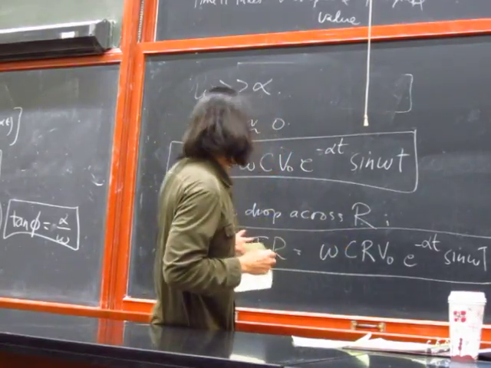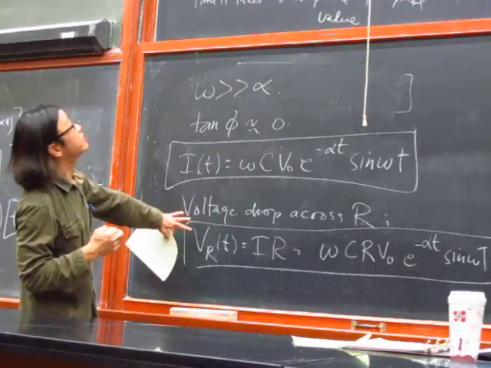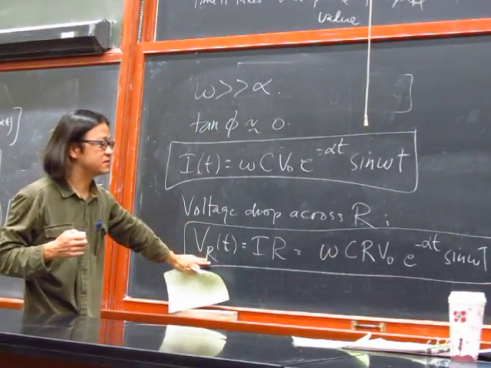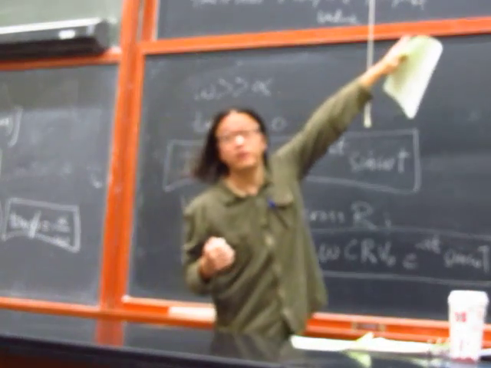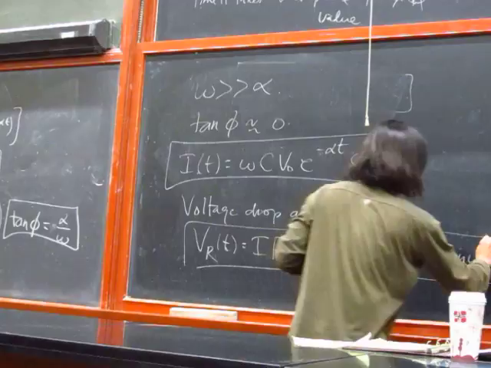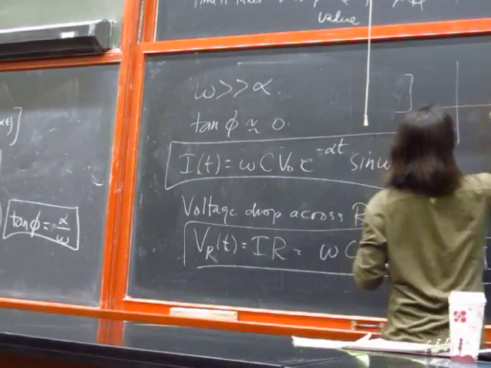If you compare the time dependence of the voltage across the capacitor and the voltage across the resistor, one comes with the cosine omega t, and the other one is sine omega t.